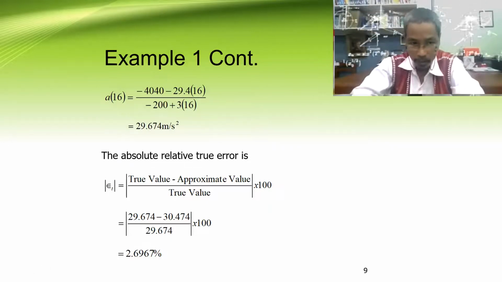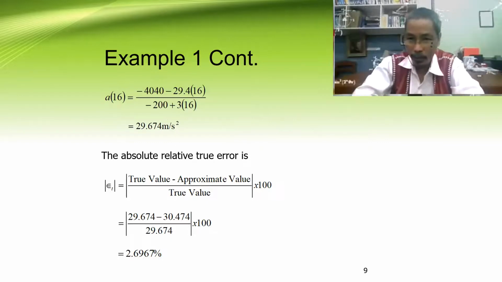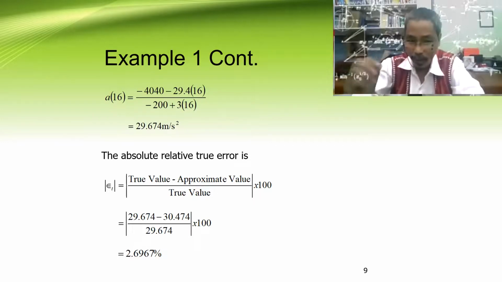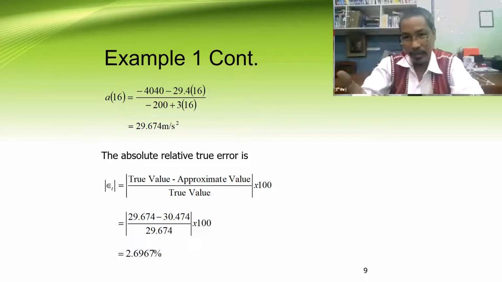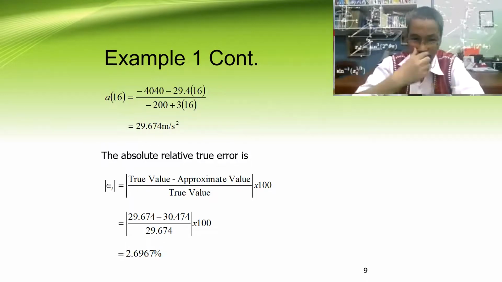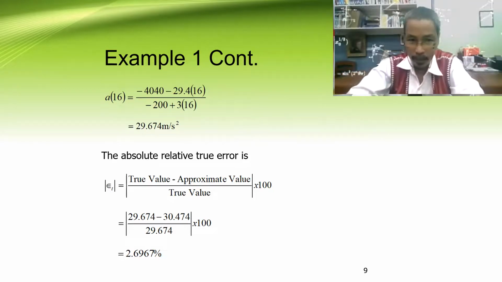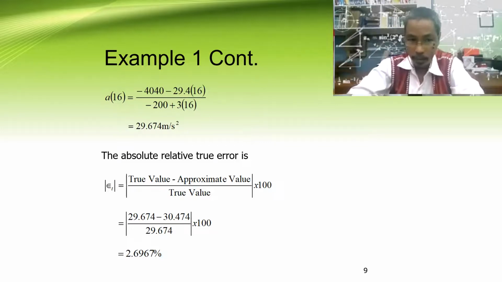29.674. Okay, if you can still recall, on letter A, our approximation is 30.474. Our actual value is 29.674. So we can compute for the next item, the absolute relative error.